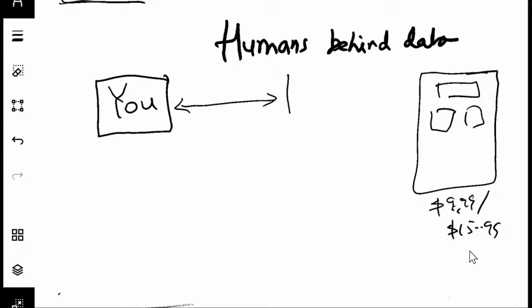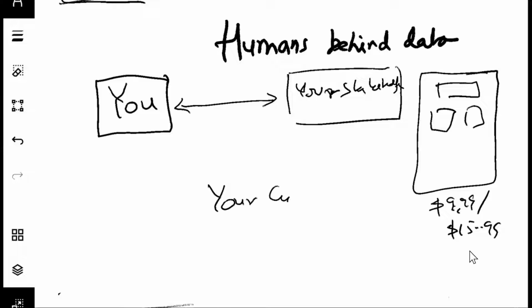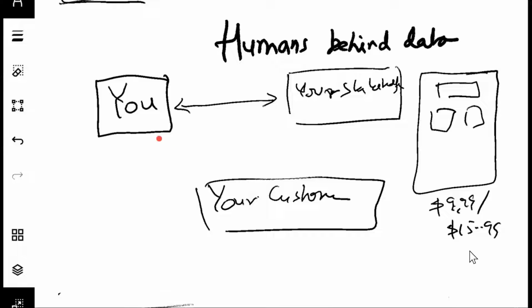We have talked about your stakeholder. Last time we talked about your stakeholder, and the first time we had talked about your customer, right? And there's the connection between all of this. What's in the middle is data.